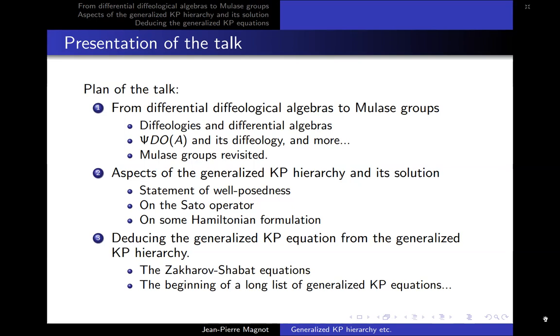Then, from this generalized KP hierarchy, in the third part of the talk, I will try to explain why it seems important to generalize this hierarchy.